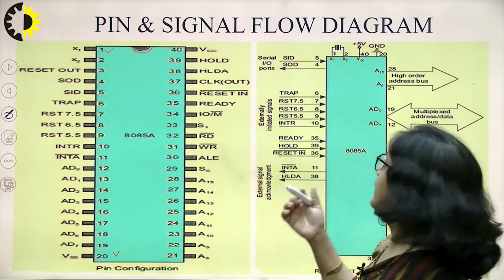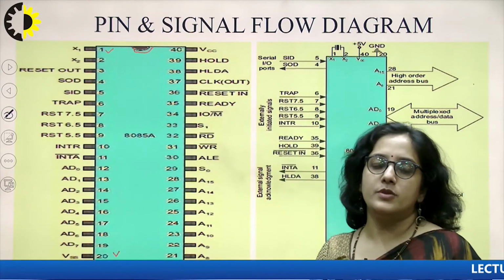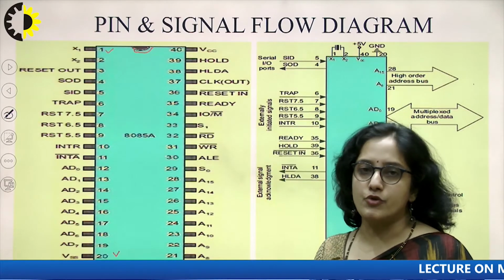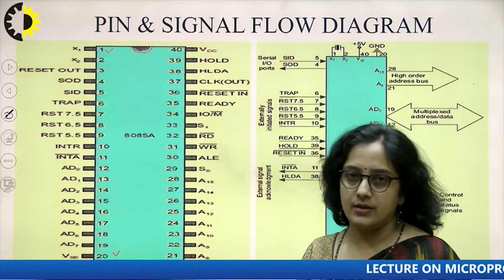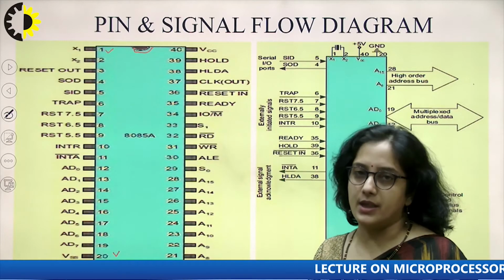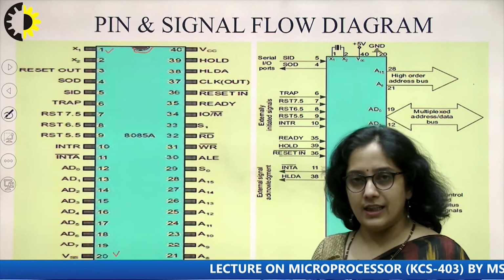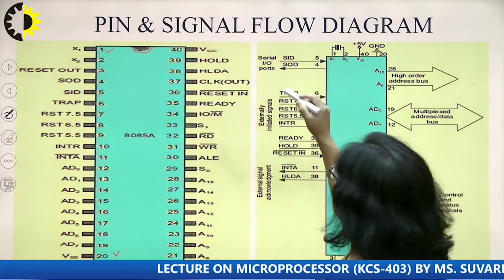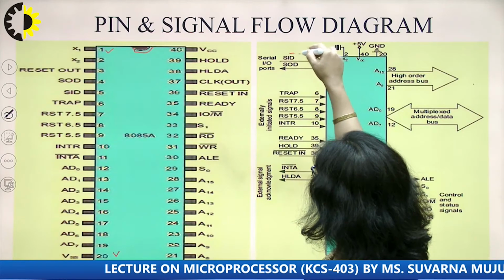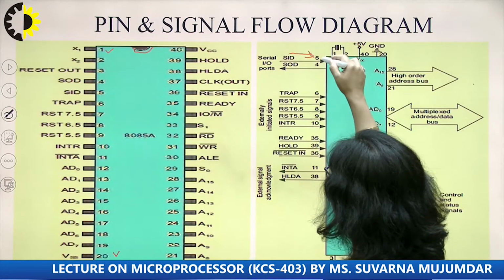For example, I said that the microprocessor communicates with the outside world in a serial manner. Serial means bit by bit, 1 bit at a time. For that it needs serial input, so this signal SID is an input signal.